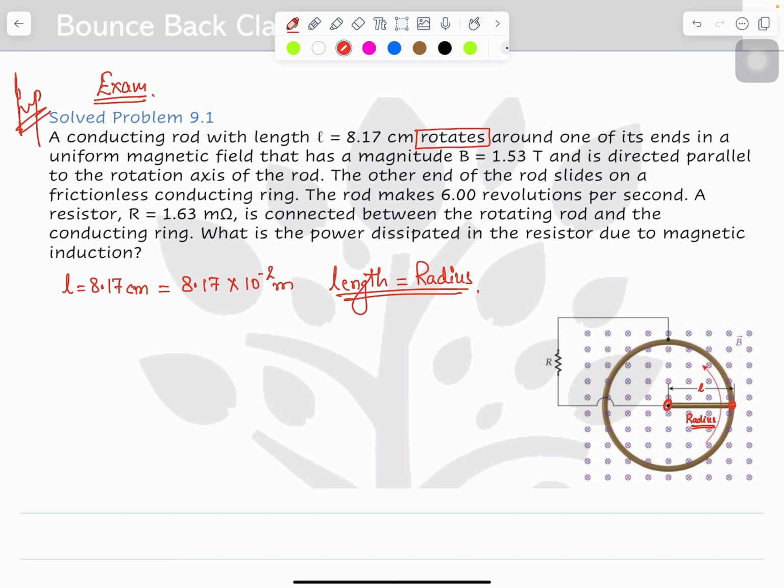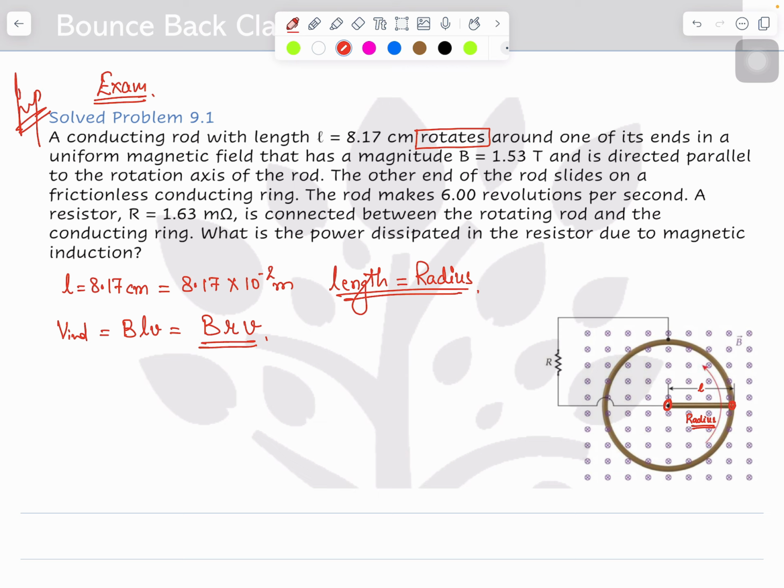Fine. So can I say V induced, we have formula BLV. Can I say this formula as BRV? So that we can understand all the things. Okay, come back to the question.